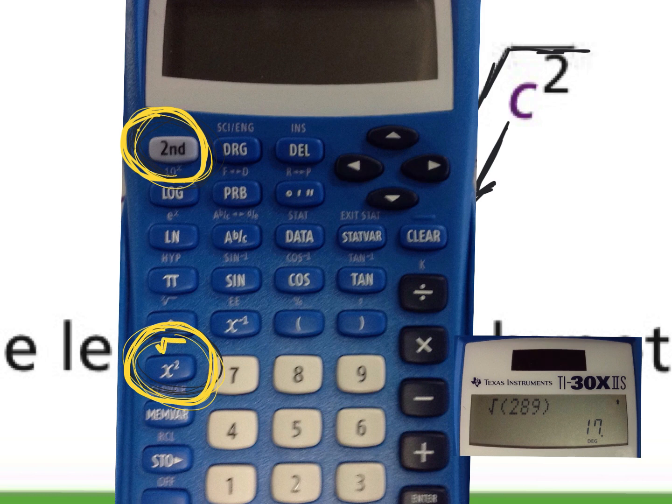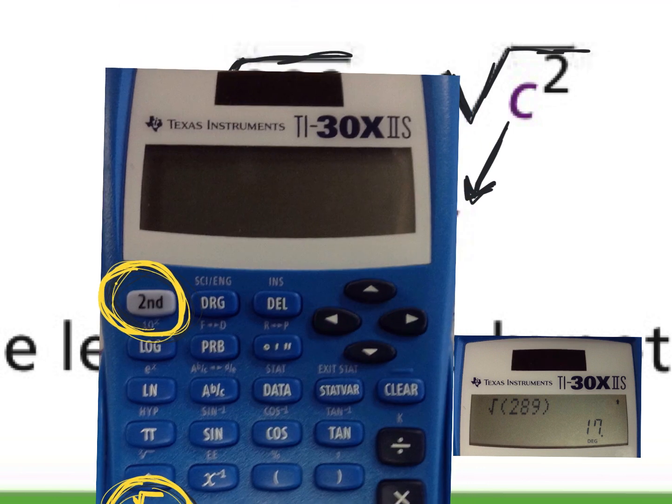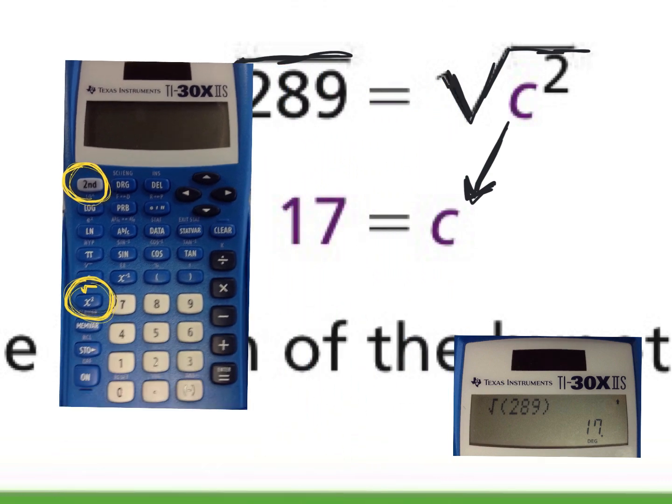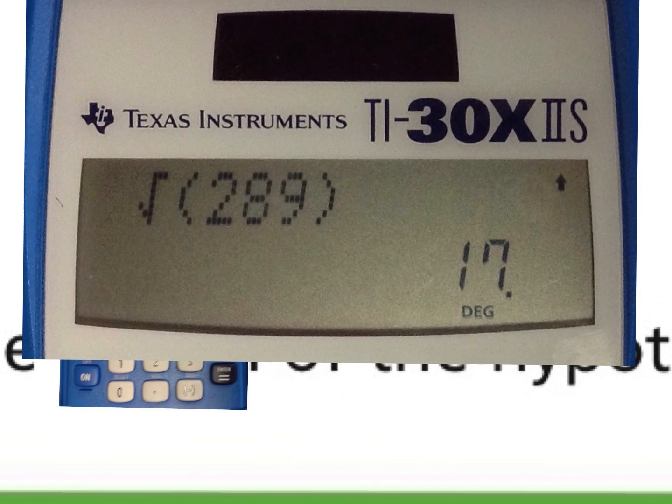So you should see a little square root symbol above that button. When you do second and then the x squared button, you should see square root show up on your calculator. And then you type in 289.